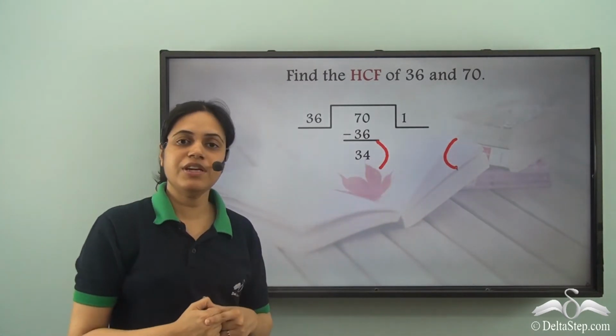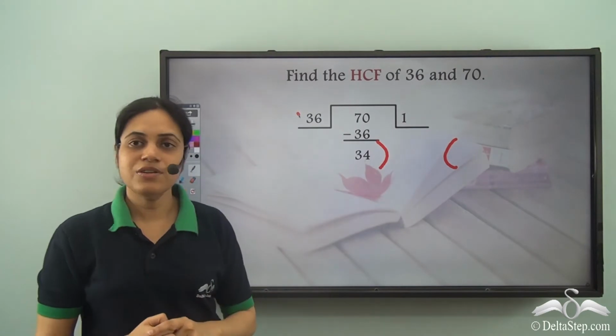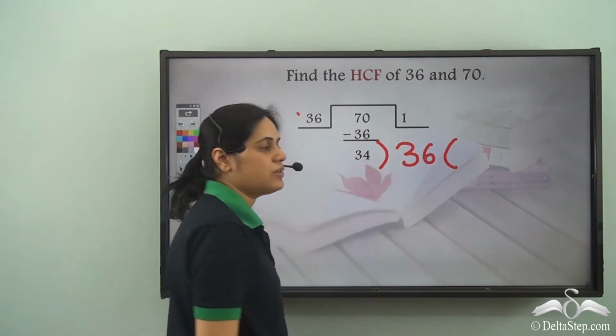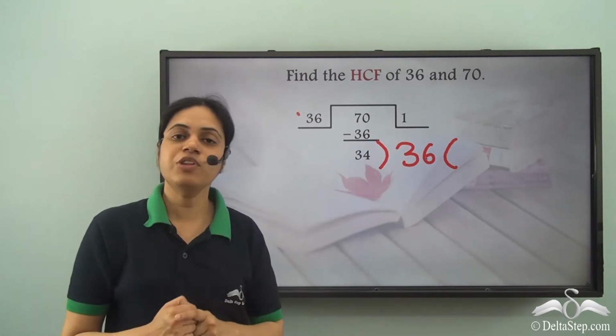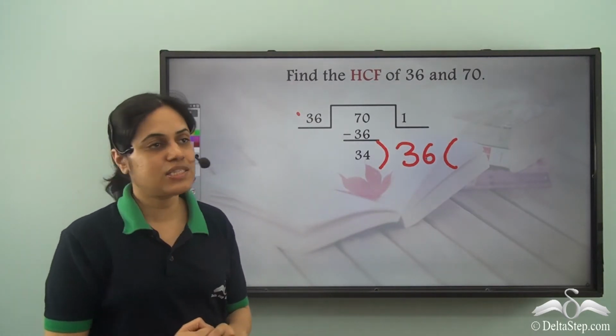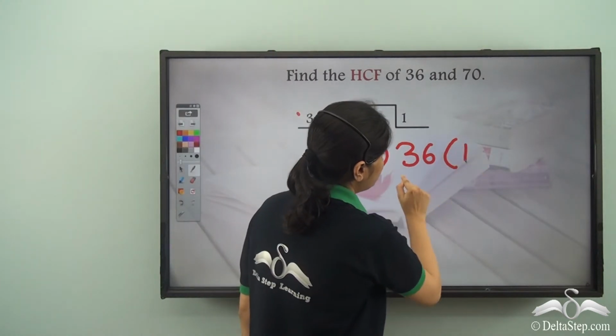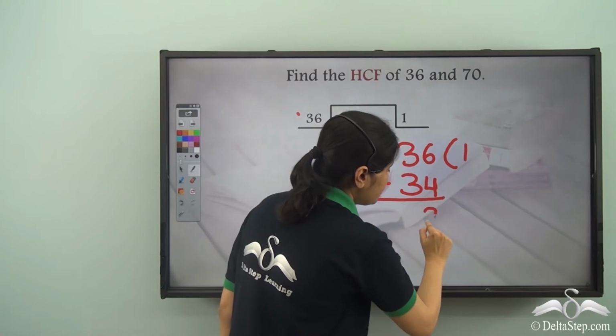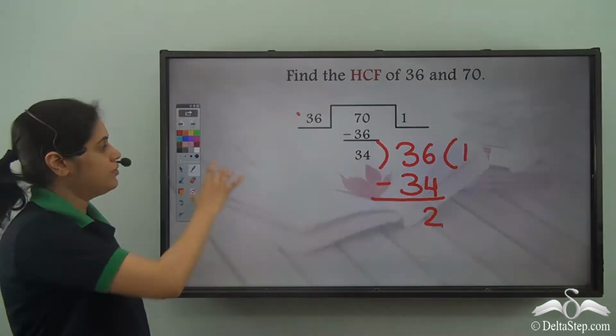Or what will be the dividend? The divisor of the previous step, which is 36. So 34 now needs to divide 36. 34 goes into 36 one time and I subtract it to get the remainder 2.